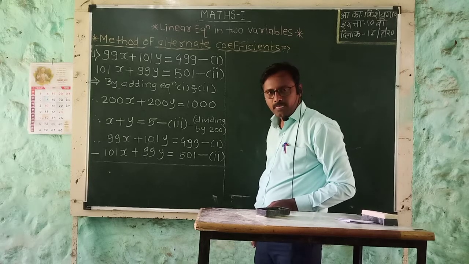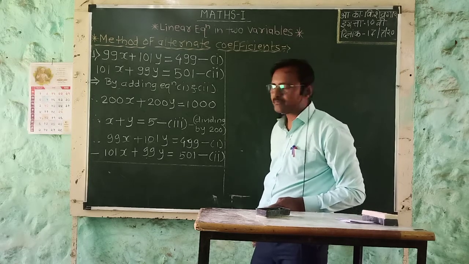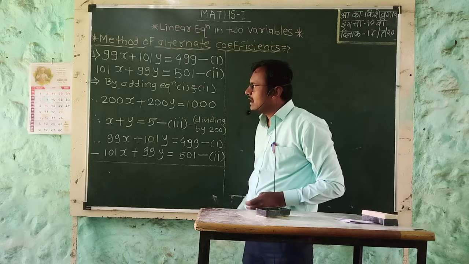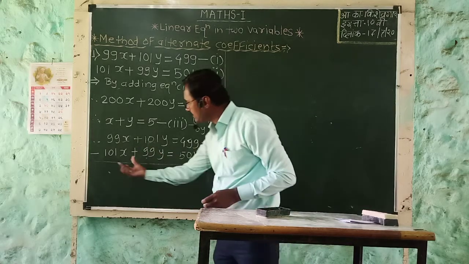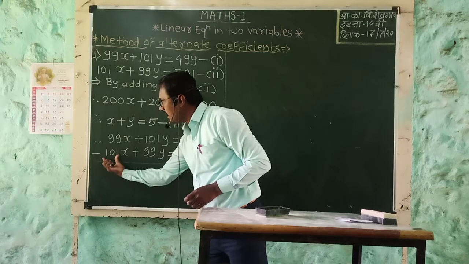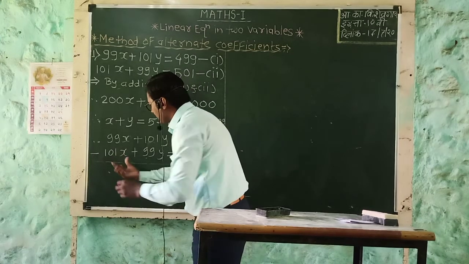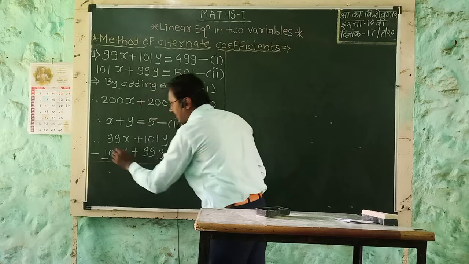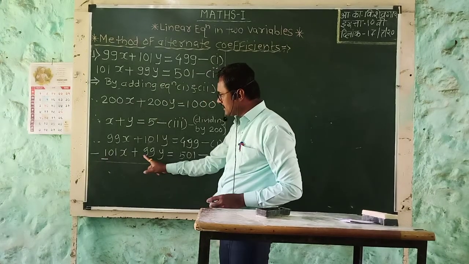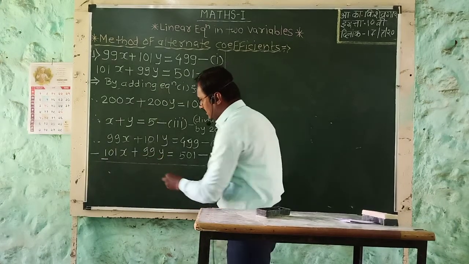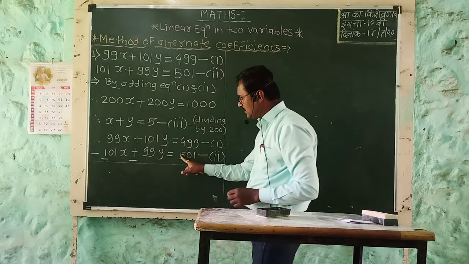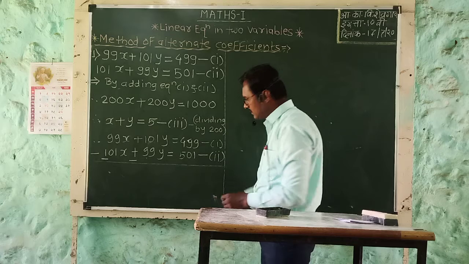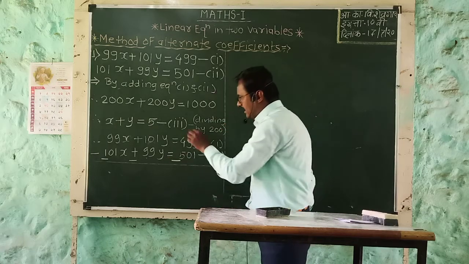We know that when we are subtracting, there is a change in sign conventions. The positive 101x will be negative, the positive 99y will be negative, and the positive 501 will be negative.